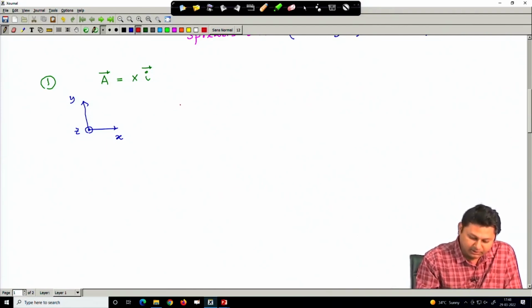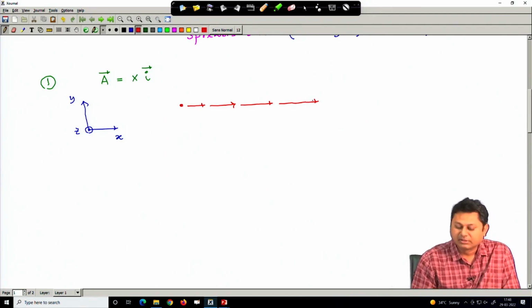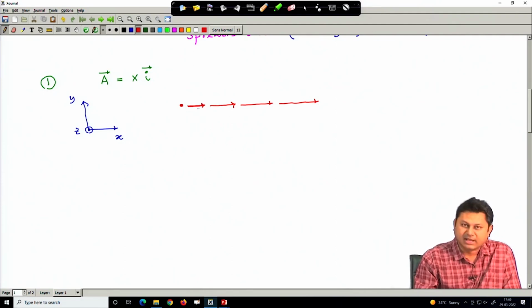Suppose this is the point, and along this x direction I have this line, then this line, and then this line. You can see that the line is increasing here. Why is it increasing? Because with the increment of x, the magnitude of this vector increases. For example, I take x equal to 1, so I have a unit vector along the direction i.